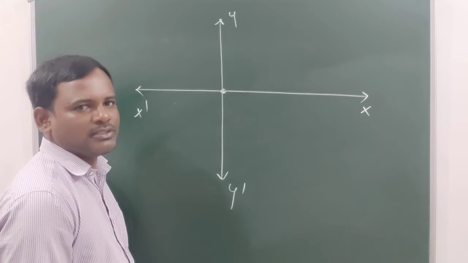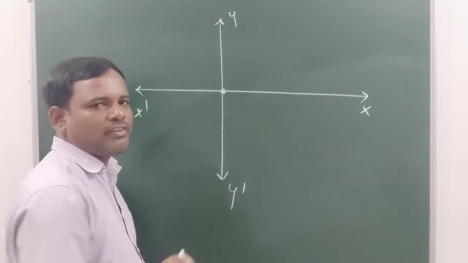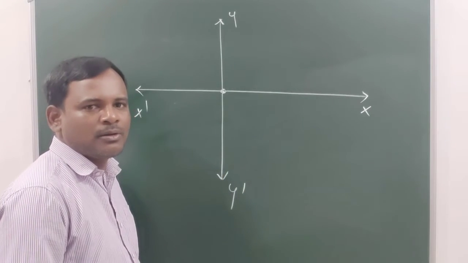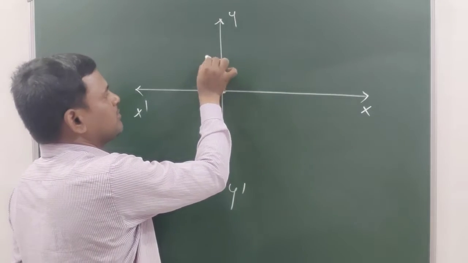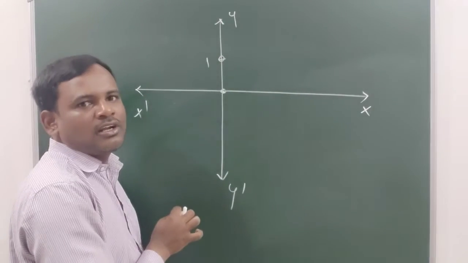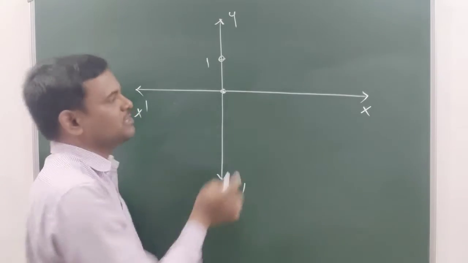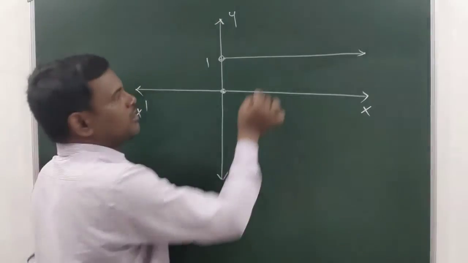That is called the origin. When the domain value is positive, what range have we got? Plus 1. On the y axis take 1 here, and write an open circle, which means this point is not included.